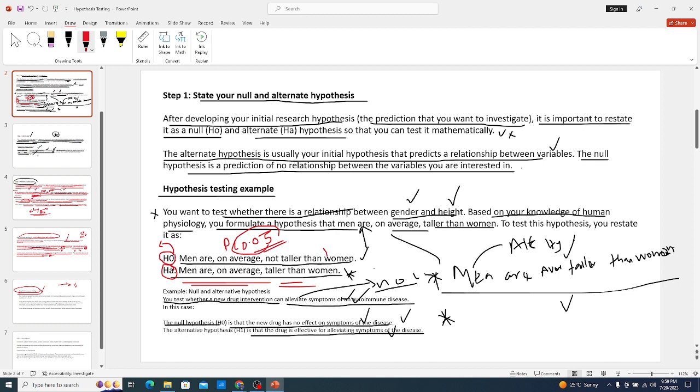That is when you accept the null hypothesis, it will basically mean that men are not taller than women.